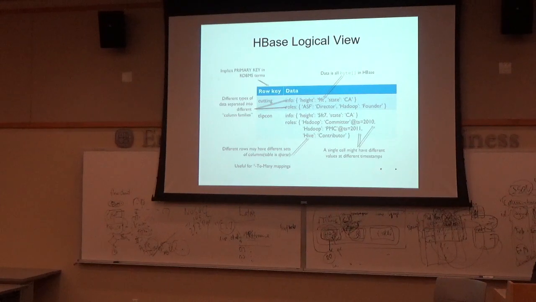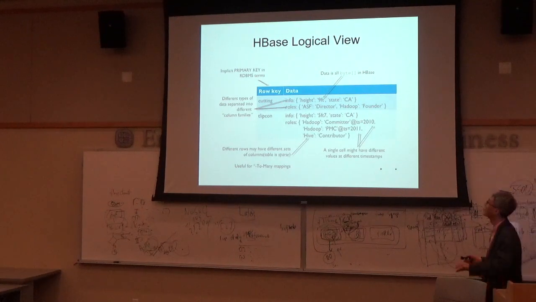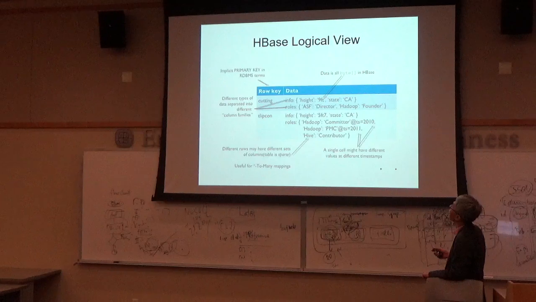So this is another example. Let's take a look at this one. This is an example of an employee table, whose name is Cutting, and info and roles are the column families.